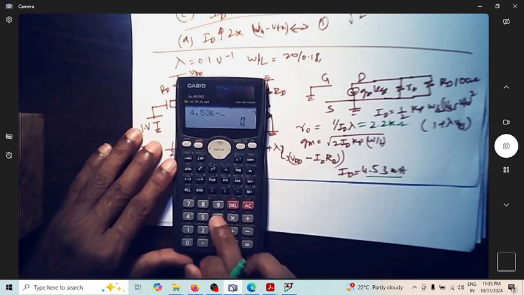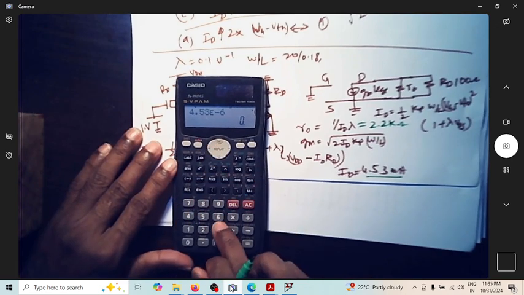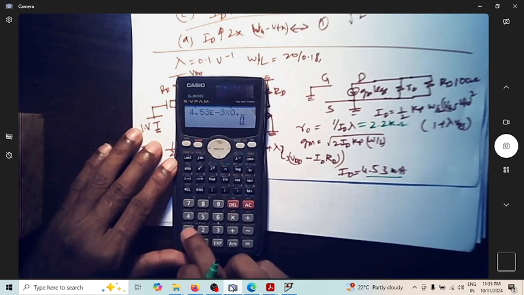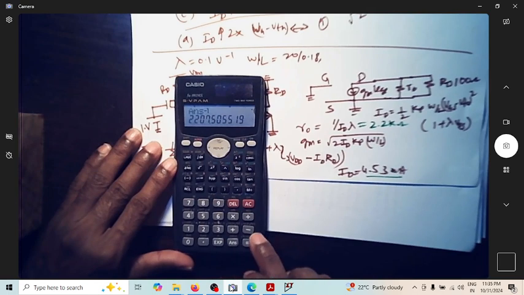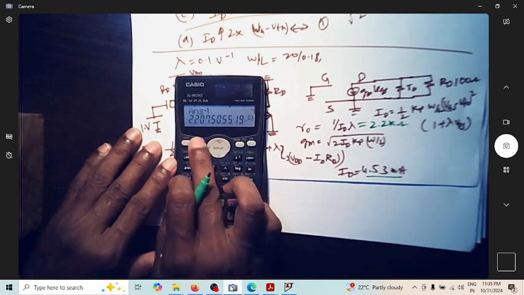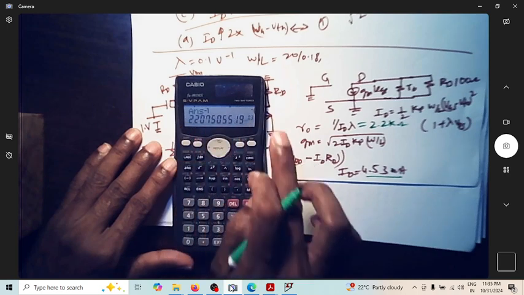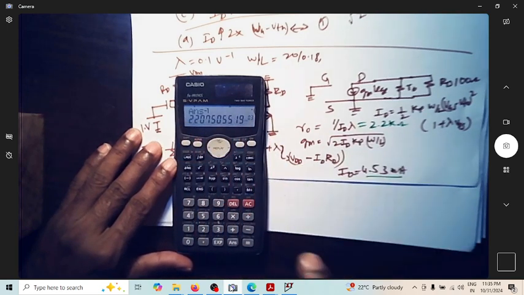Pressing engineering, you will get 2.207 kilo ohm. So that's R0.